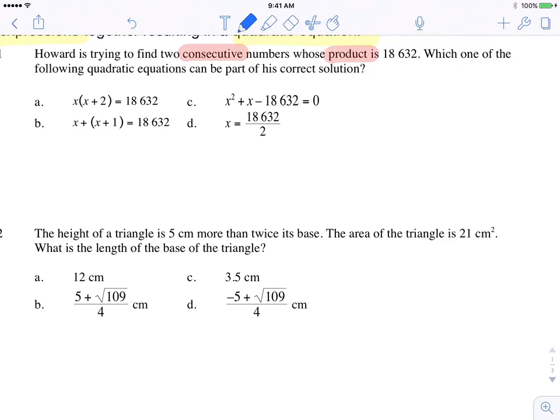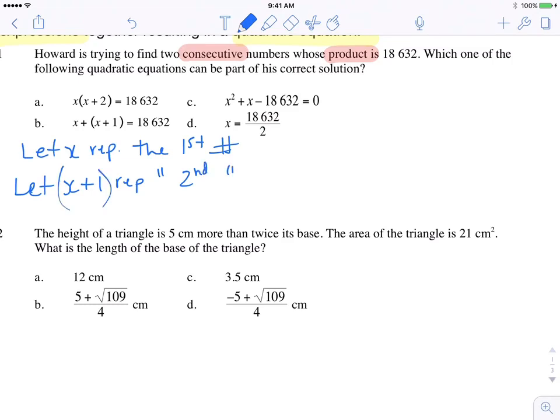Well, if we have two consecutive numbers, we'll say let x, I'll just do short form, represent the first number, and let x plus 1 represent the second number. So my first number times my second number, because it was a product, is going to equal 18,632.